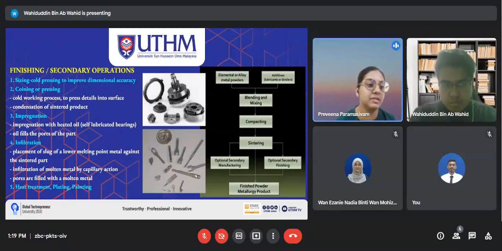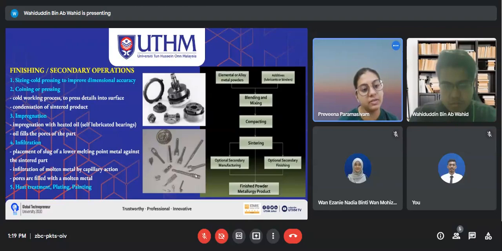Then infiltration, which is the placement of a slug of lower melting point metal against the sintered part, and infiltration of molten metal by capillary action, so the pores are filled with the molten metal. The last one is heat treatment, plating, and painting.